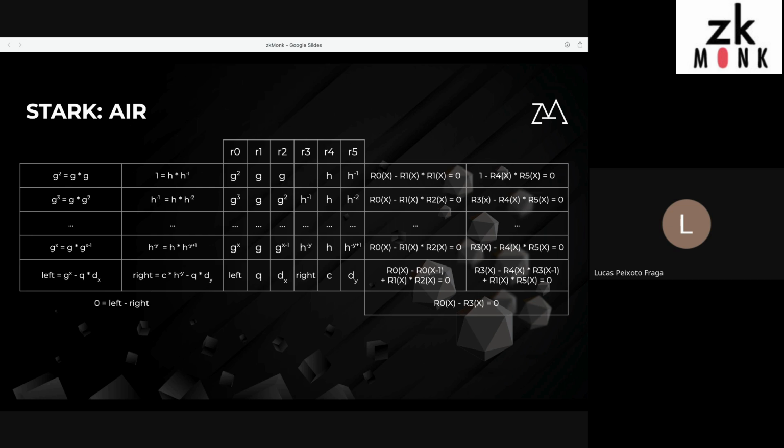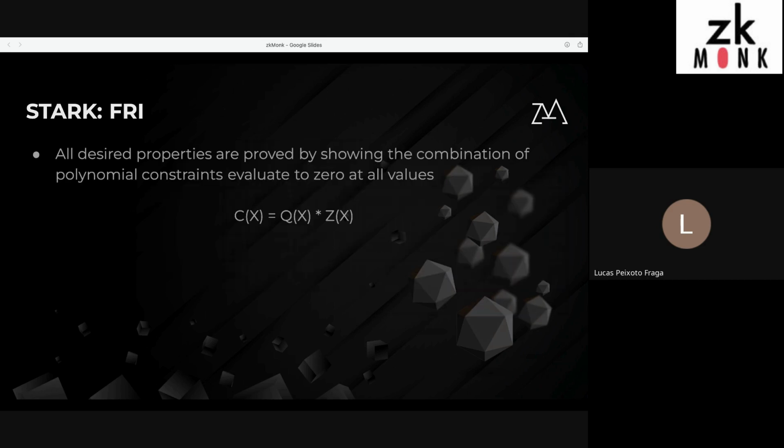Okay, how are these constraints evaluated? We might have to use copy constraints or input constraints here. We are allowed to use them, no problem. We will combine all these polynomials into one combination polynomial, as before, as in PLONK.